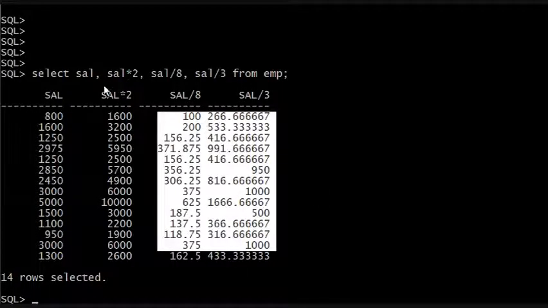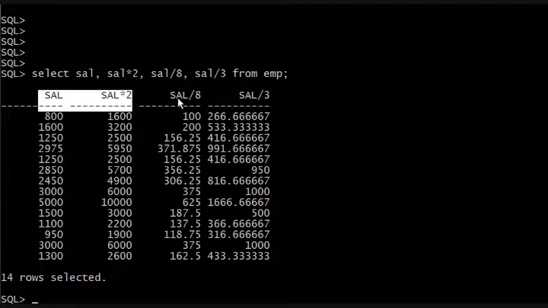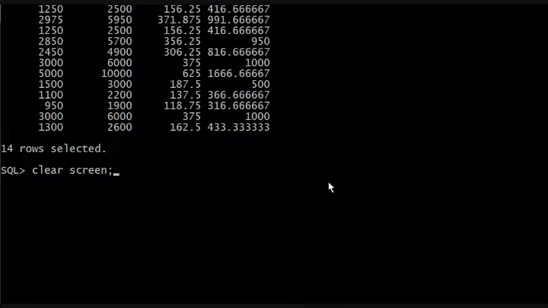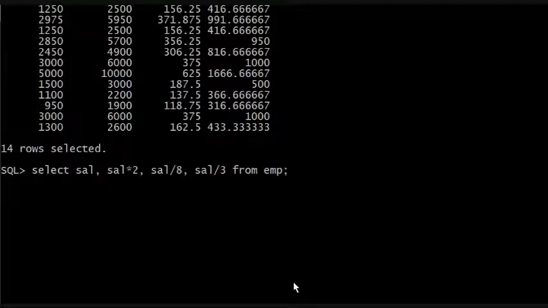Let's say I want to leave these 2 columns alone, but I want everything to be whole numbers. What that means is, if I hit the up arrow, when we do the round function, this is going to say 0. So let's do that. Let's clear the screen. So it's going to be select sal, comma, sal times 2, comma.